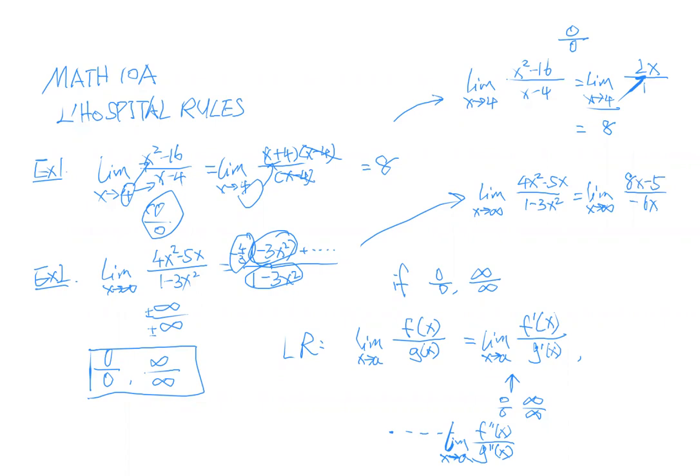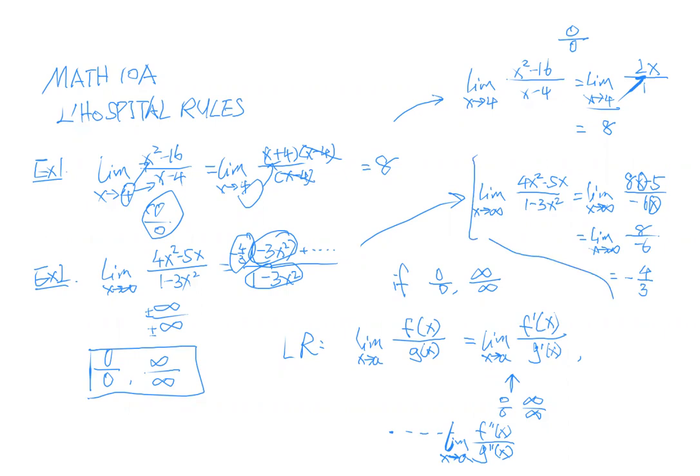The interesting thing here is you still have infinity over infinity, so you can take it again. And what you get is negative 6 over 8, which just gives you negative 3 over 4. So look, this makes our calculation much easier, right?